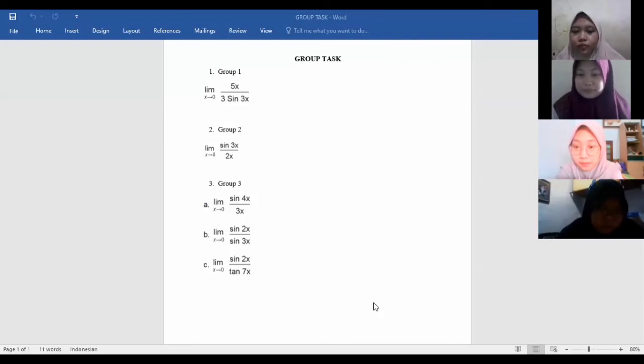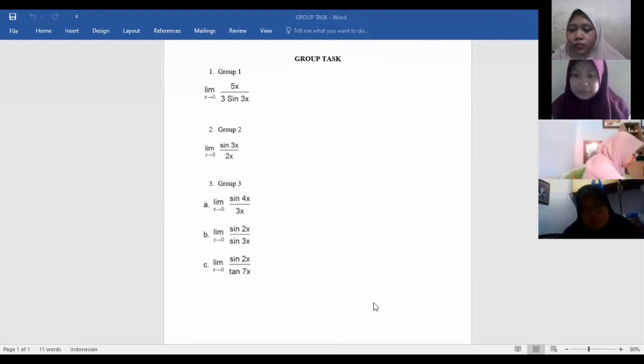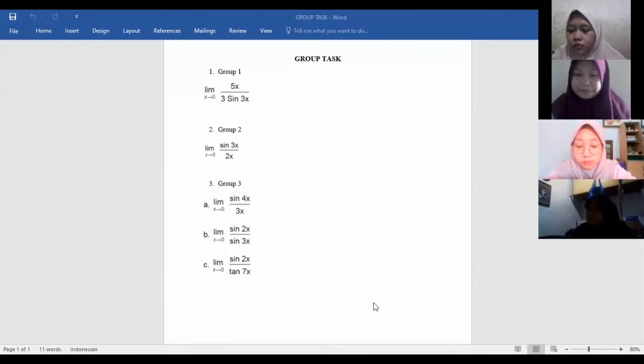The A, limit x to 0 sin 4x divided by 3x equals 4 divided by 3, because we use the formula sin ax divided by bx is a divided by b. And number B, limit x to 0 sin 2x divided by sin 3x equals 2 divided by 3.